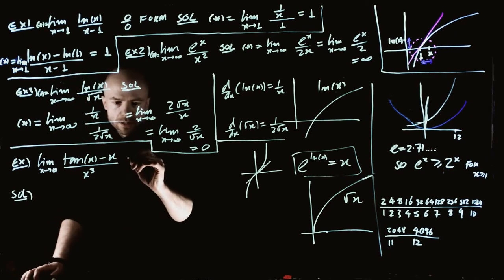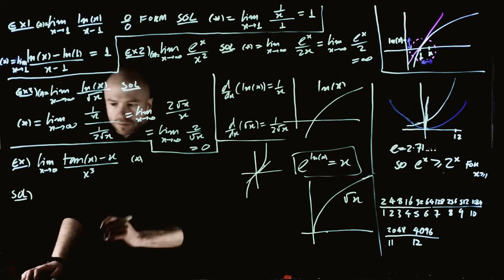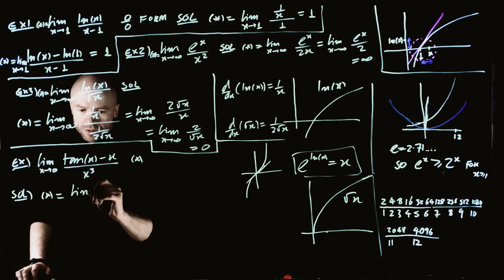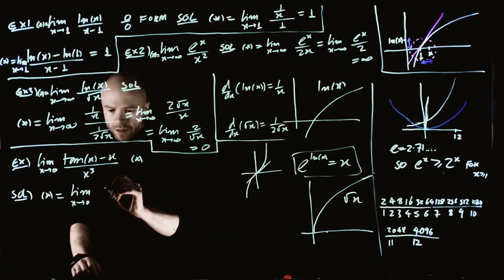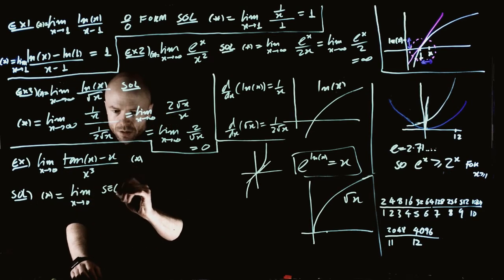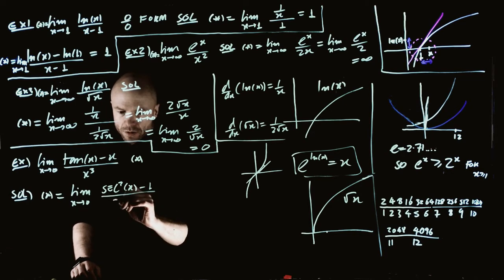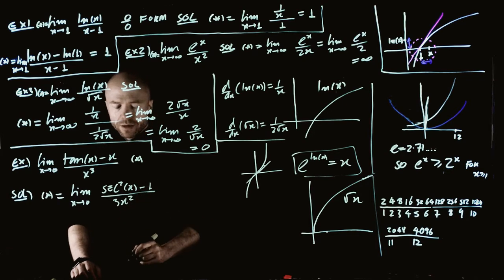So let's call this thing star. I'm going to differentiate the top and the bottom. We're going to have sec squared of x minus 1 over 3x squared.